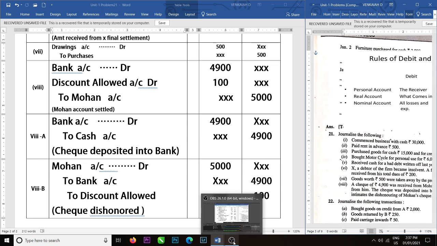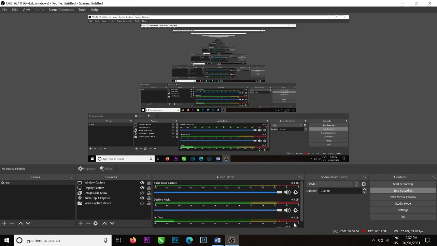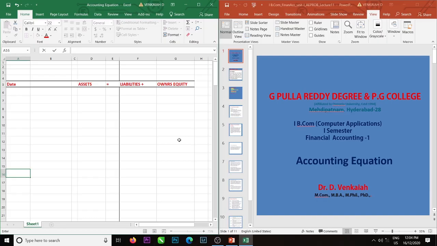Okay, students, last class we discussed accounting equations theoretically. In this lecture we are practicing this accounting equation by taking an example.